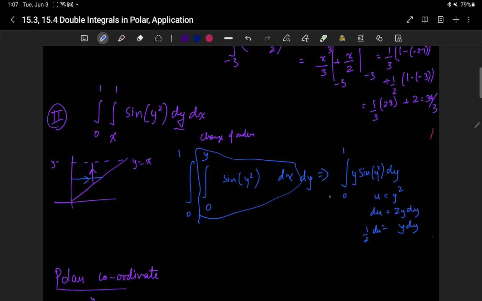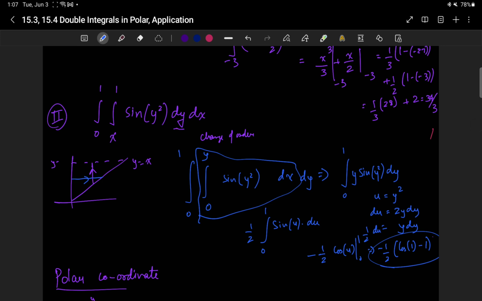We've already seen an example like this, so I am doing it faster. So this becomes 1/2 sine u du, which becomes 1/2 negative cosine u from 0 to 1, which is a negative half cosine 1 minus cosine 0, which is 1. So here, in order to solve this particular integral, you have to do a change of order.